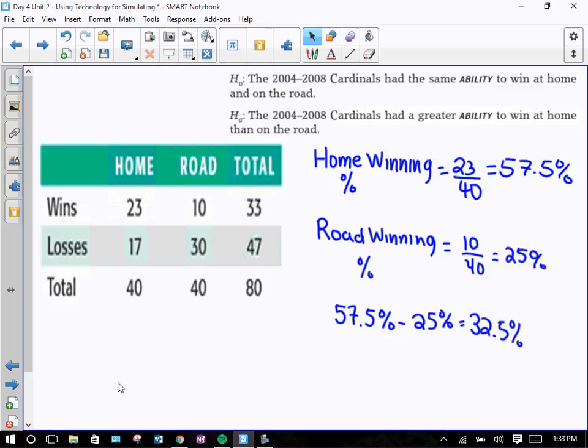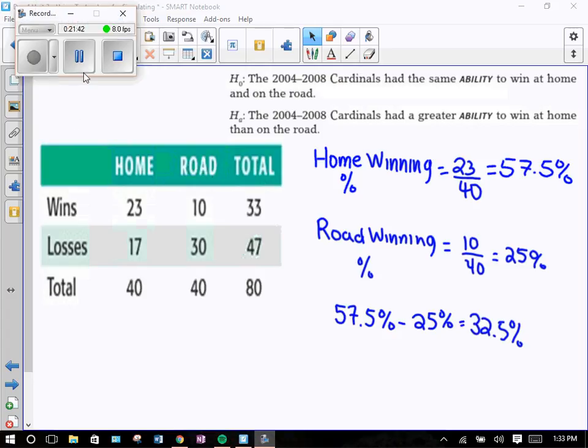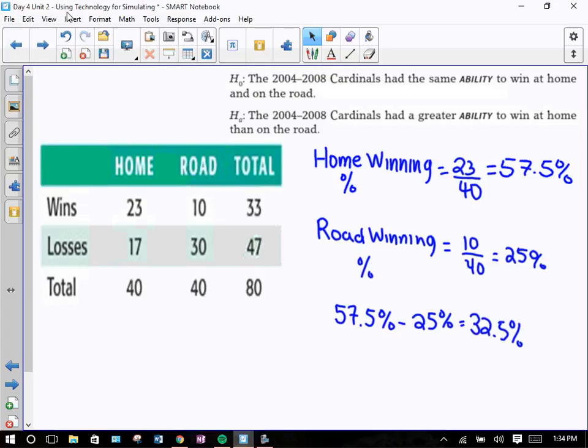All right. Give me 1 second. It says had a greater ability to win at home than on the road. So we're comparing home to road. Since we're comparing home to road, home is going to be our context 1.